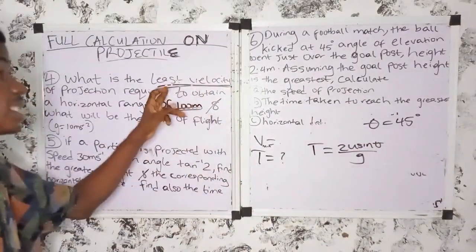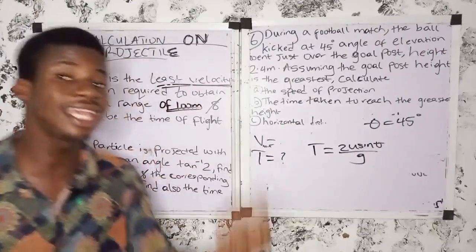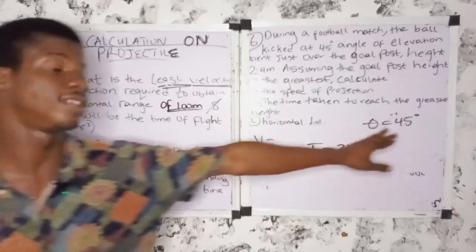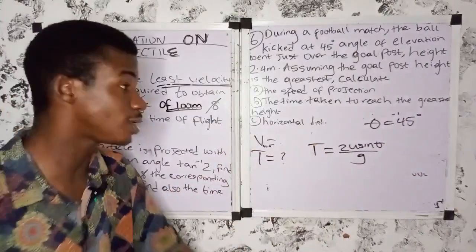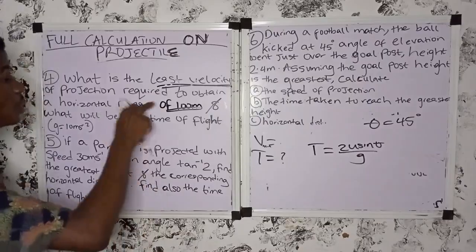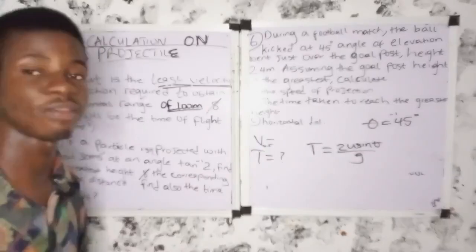Remember, I told you that since they placed least velocity, they are indirectly telling you that the angle here is 45 degrees. They didn't tell us directly. They just said least velocity, and least velocity of projection usually occurs when the angle is 45 degrees.